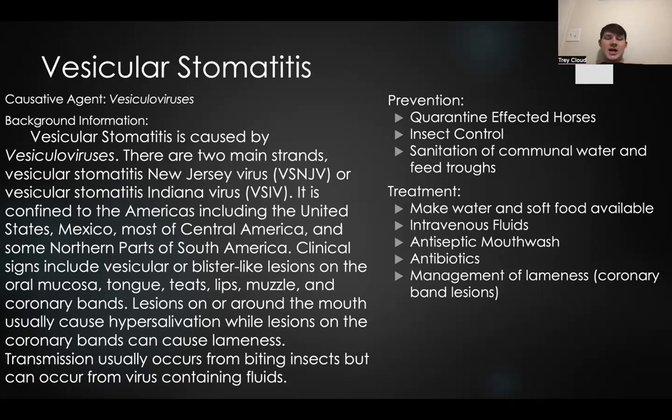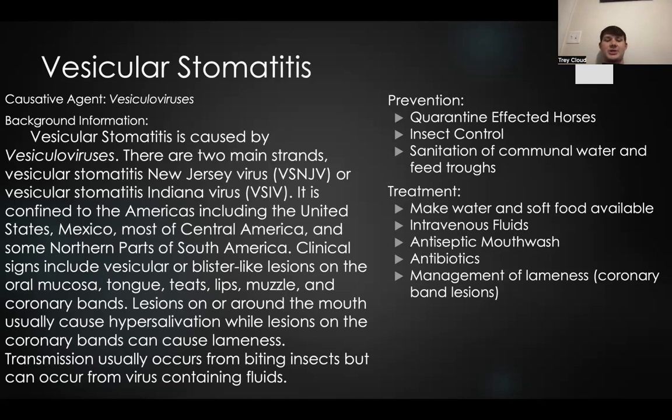And some clinical signs include vesicular or blister-like lesions, and those can occur on the oral mucosa, the tongue, teats, lips, muzzle, and coronary bands. And then the lesions that are on or around the mouth usually cause hypersalivation, but the lesions on coronary bands can sometimes cause lameness.